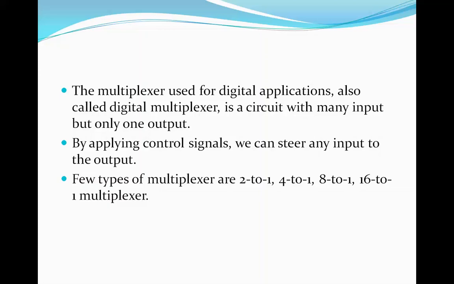In today's video we will just focus on the 4 cross 1 multiplexer. Therefore in the 4 cross 1 multiplexer we will have 4 inputs and only one output, but that output from among these 4 inputs is selected by the selection lines.